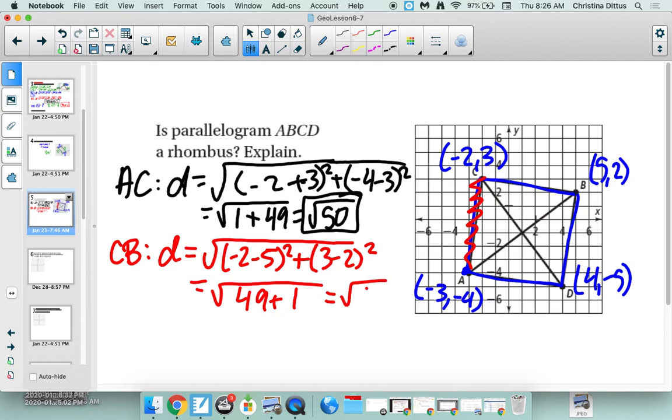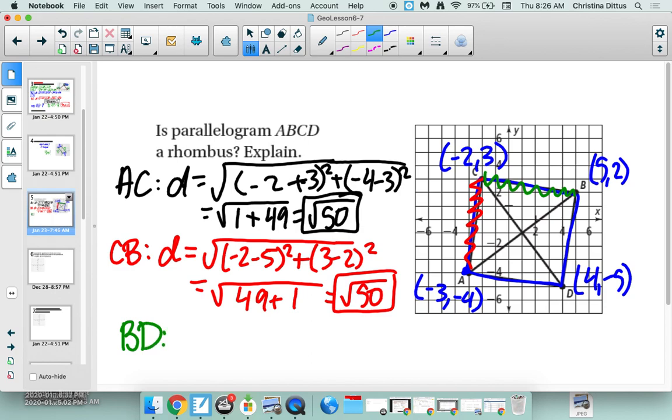It's 50 again. Only 2 more. They're both 50.